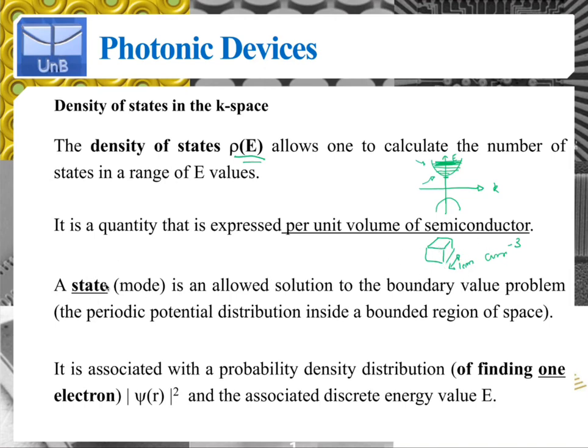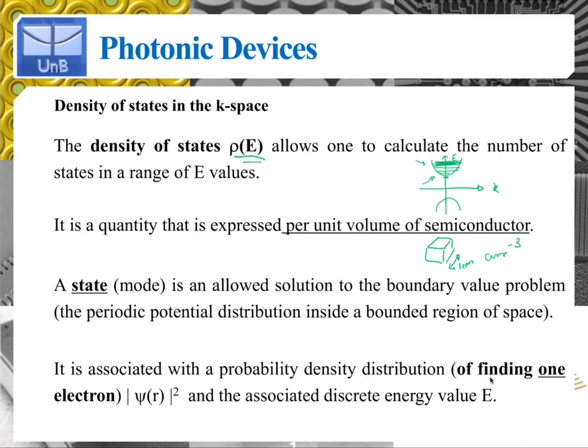But what is a state? A state, which can also be called a mode if you think of Schrodinger's equation as a wave equation, so you have spatial modes, just like in optics, is an allowed solution to the boundary value problem. In our case, the periodic potential distribution is inside a bounded region of space. The state is associated with a probability density function.